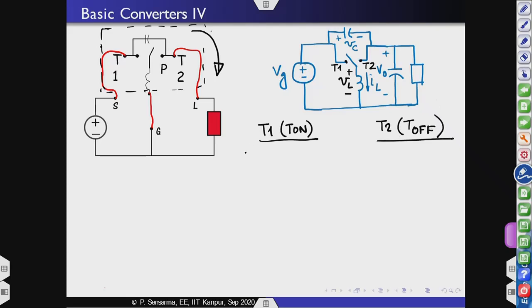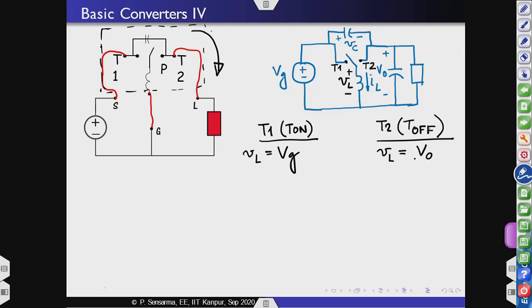So, VL is equal to Vg when the switch is in position T1, and when the switch is in position T2, VL is equal to VO.